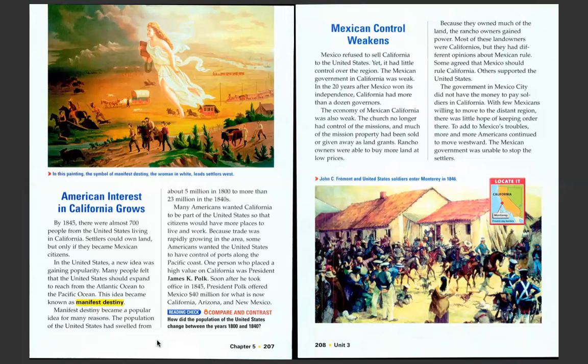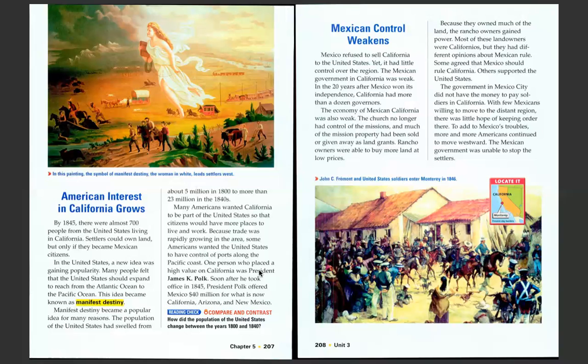The economy of Mexican California was also weak. The church no longer had control of the missions, and much of the mission property had been sold or given away as land grants. Rancho owners were able to buy more land at low prices. Because they owned much of the land, the rancho owners gained power.